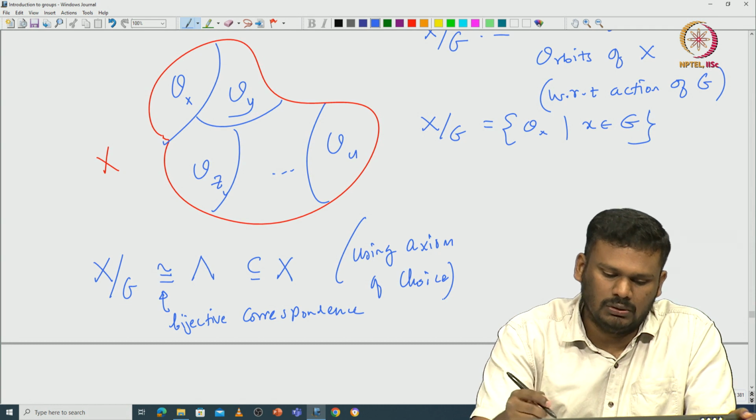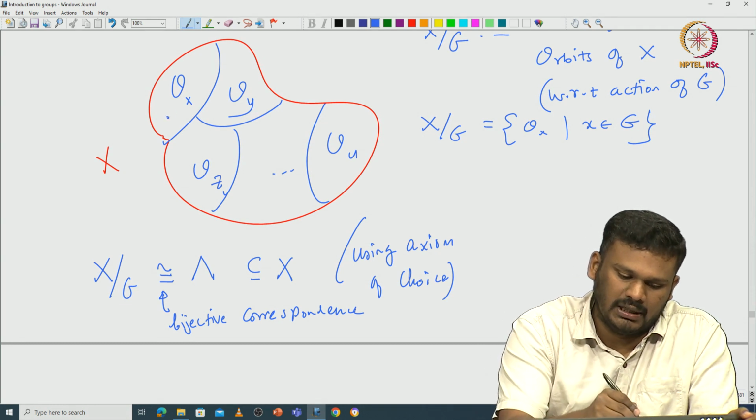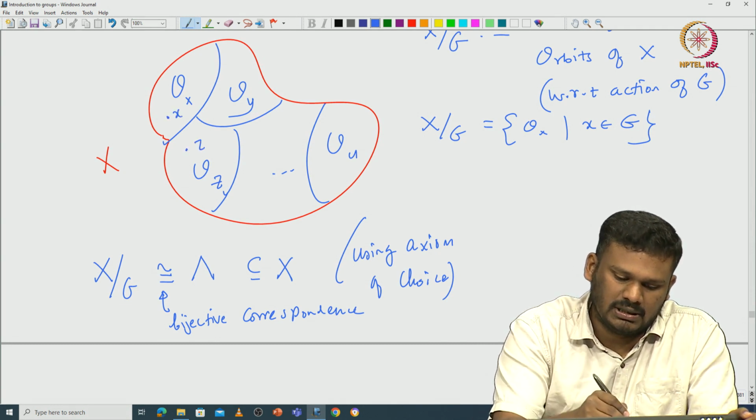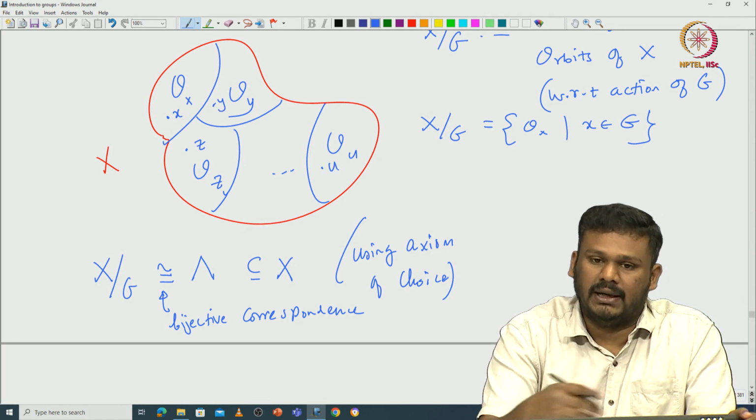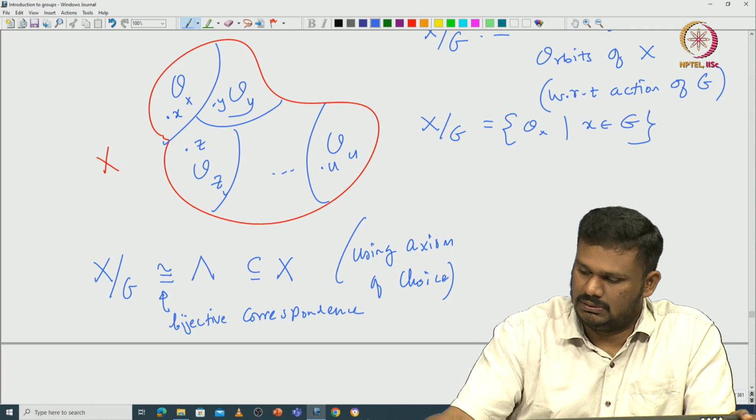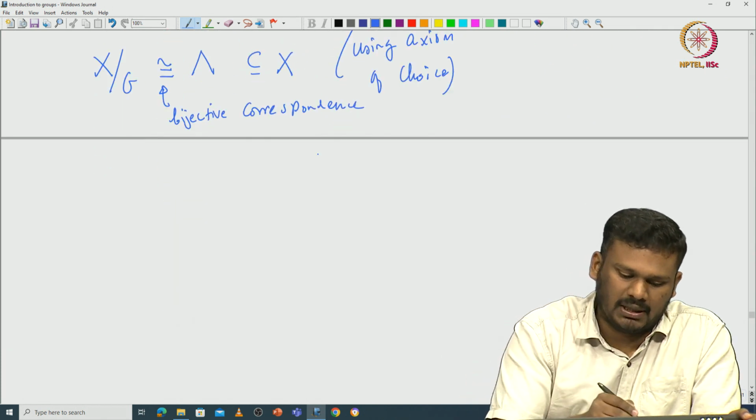So, what you can do is pick one element here x, here z, here y, and then here u, so that you form this capital Lambda. So, what is this capital Lambda?